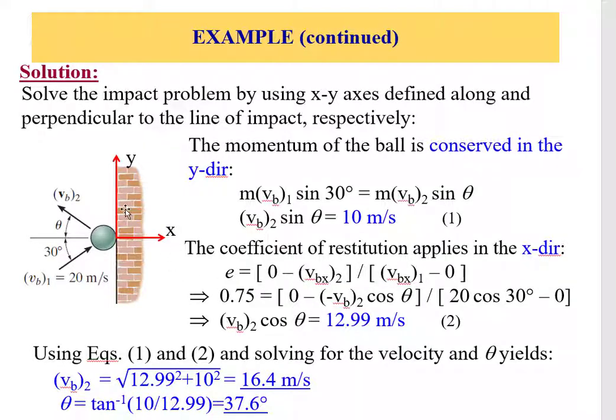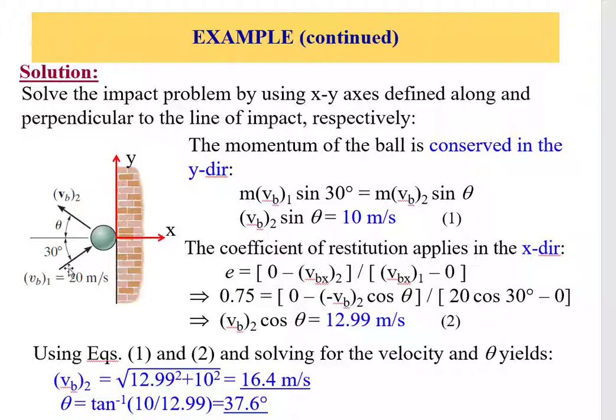If we choose the wall, which has 0 before and after, then the velocity in the x direction is going to be VB2 x, and I'm going to put a negative because my x-axis and the vector here are opposite, multiplied by the cosine of the angle. That defines the component of the ball velocity after, divided over the relative approach.